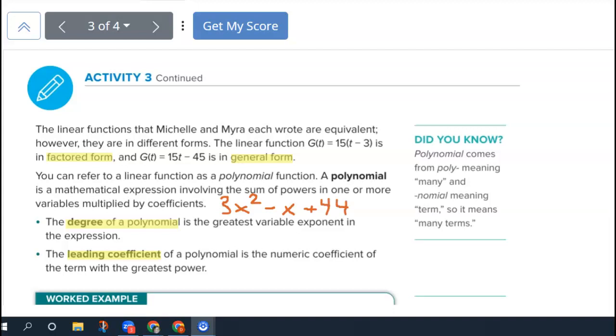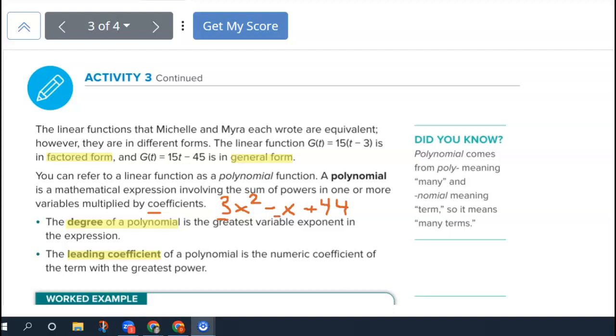This is a polynomial because it's got multiple or poly terms. This is a term, this is a term, this is a term. And some of the terms have coefficients. So this is a coefficient, this number out in front of the variable, right? There's an invisible coefficient right here, that's a 1.